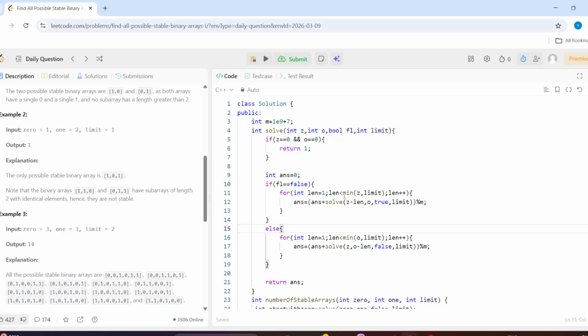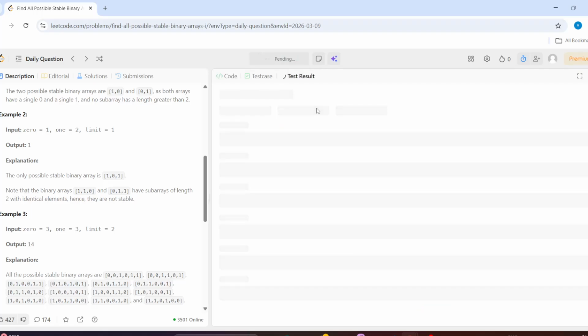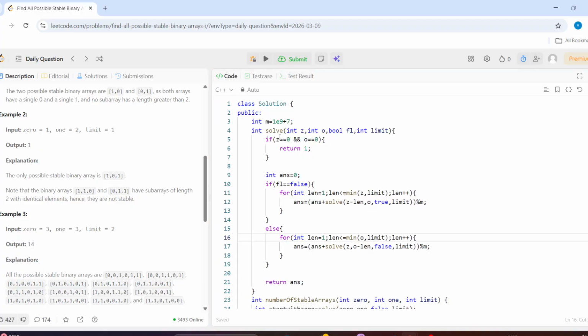So here we forgot to write equal to, as it will be completing all the zeros and ones. I hope it will run now.